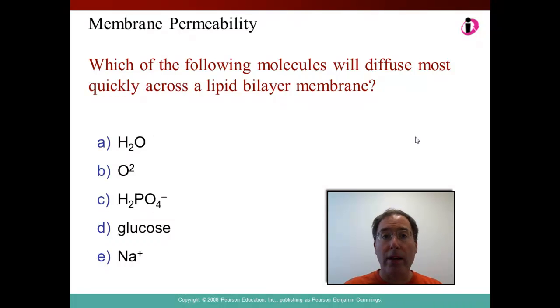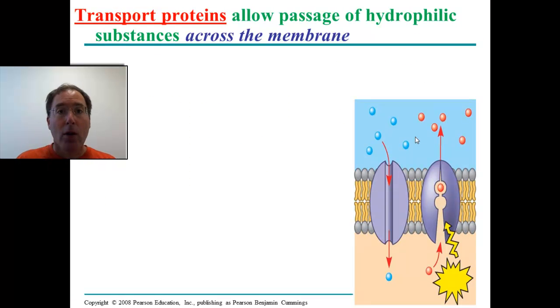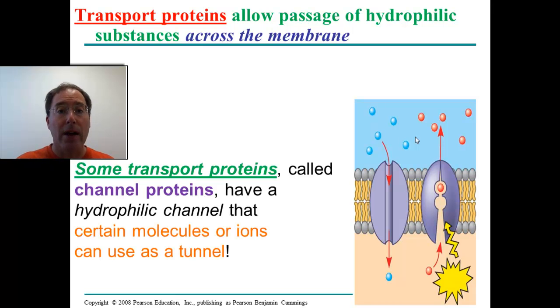Owing to all that I've just said, what would the answer be here? Well, there's two different types of proteins that assist molecules in getting through membranes. The first type is called a transport protein, and these guys are going to allow hydrophilic substances such as glucose to get through the membrane.